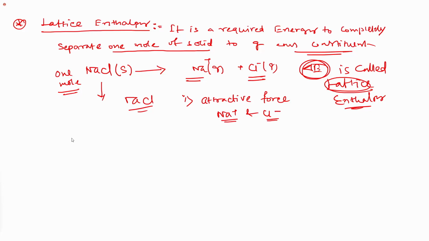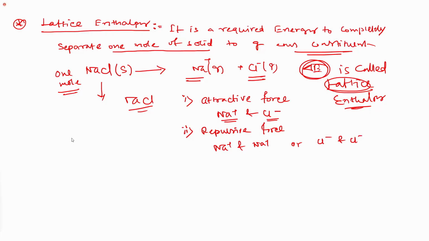Between these opposite cations and anions, there is an attractive force. Another force is there, a repulsive force, between cations, Na plus ions, or Cl minus ion and Cl minus ion. So there are two forces.